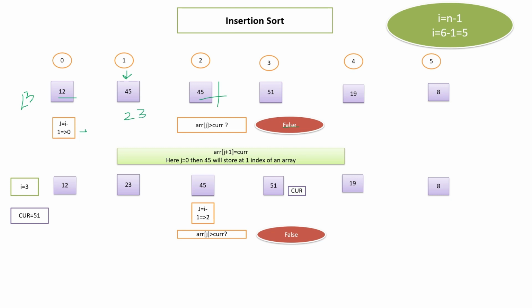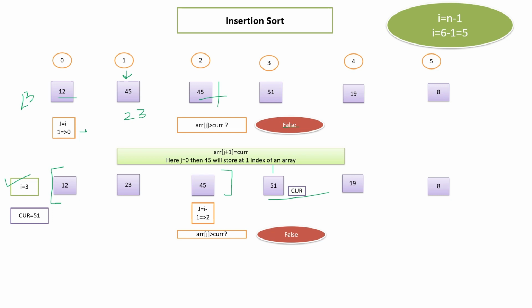So this is how these elements are placed at their sorted positions. When i equals 3, the current variable is 51.